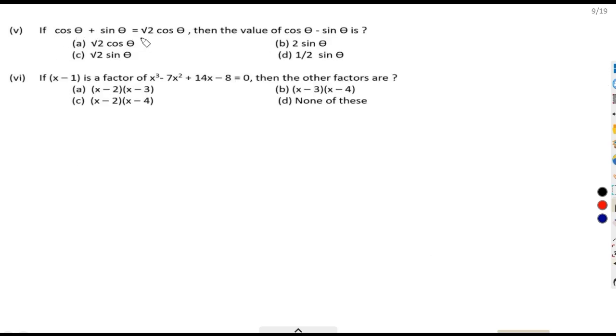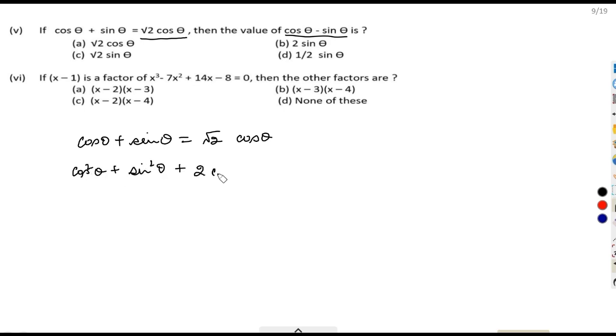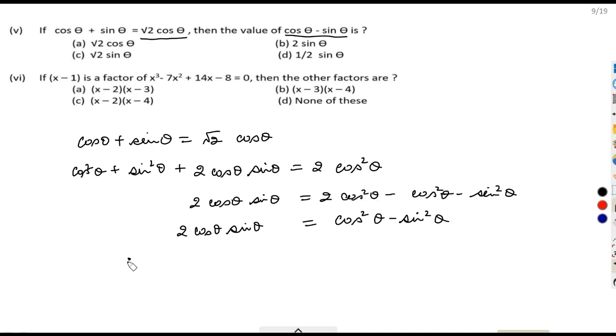Fifth part, cos theta plus sin theta is equal to under root 2 cos theta. Then find the value of cos theta minus sin theta. Squaring both sides, and we are applying a plus b whole square, a square plus b square plus 2ab. This gives cos square theta minus sin square theta is equal to 2 sin theta cos theta.